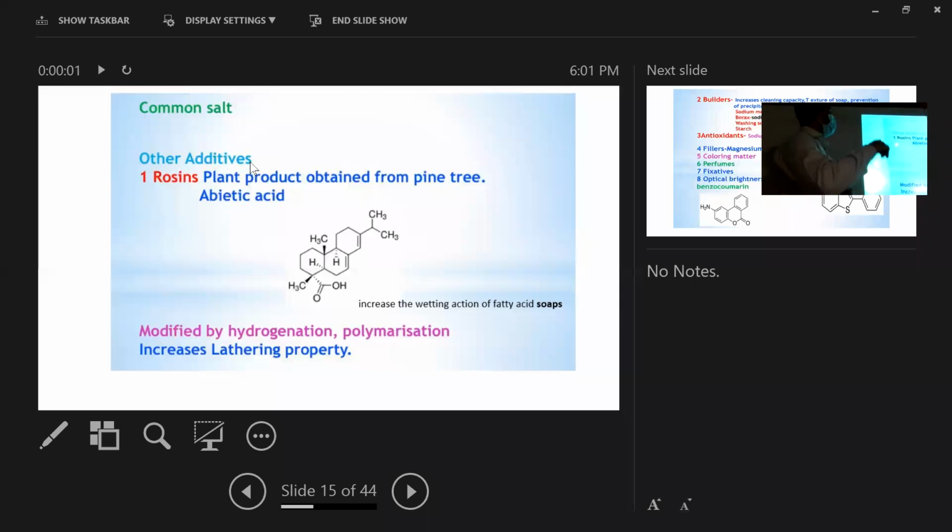Sometimes you can have the rosins, a plant product obtained from pine tree, abietic acid, modified by hydrogenation, polymerization, which increases the lathering property. So based on what property we are interested in, we can add different types of ingredients. Maybe we can change the flavor, the color, or the hardness.